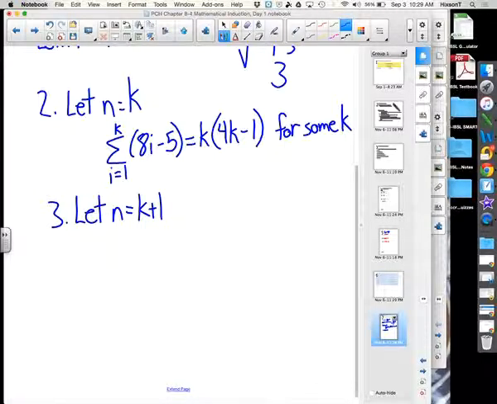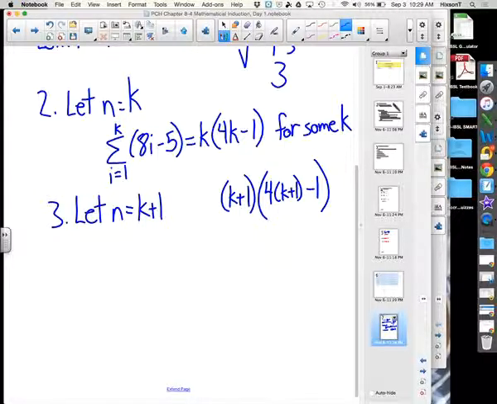I like to know where I'm headed first, so I always plug it into the right-hand side first. We had n times 4n minus 1. If I replace the n with k plus 1, I have k plus 1 times 4 times k plus 1 minus 1.